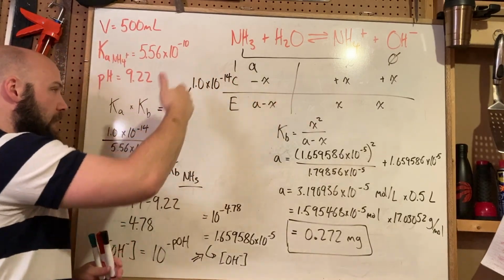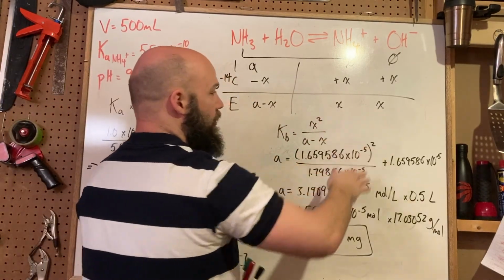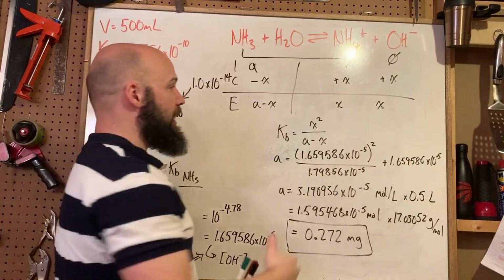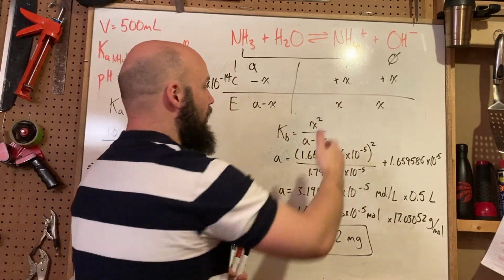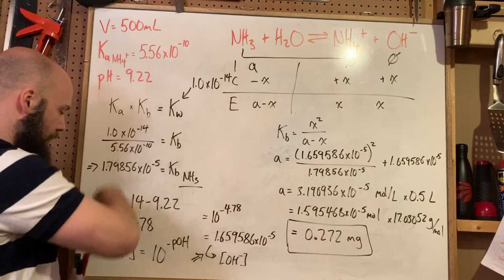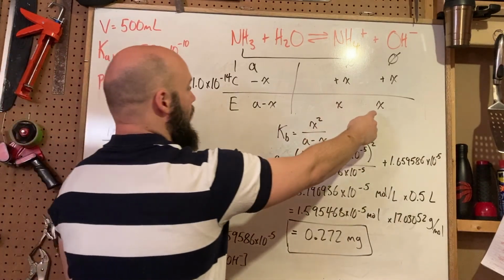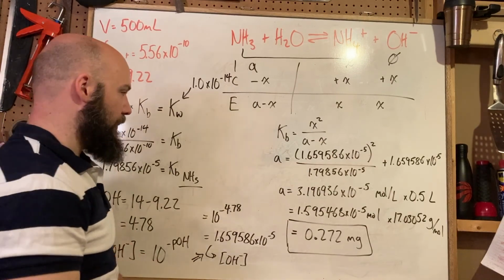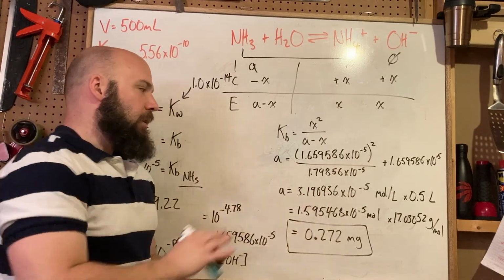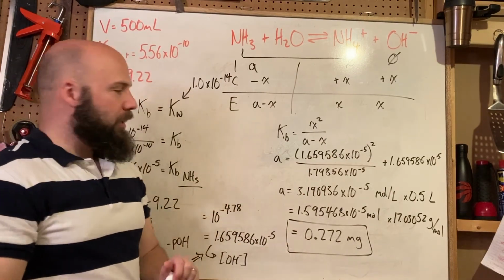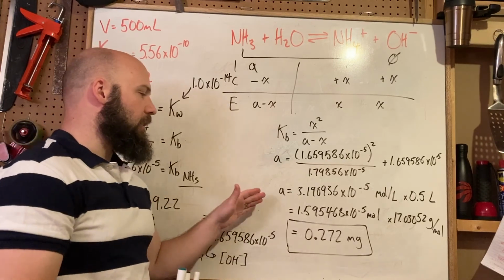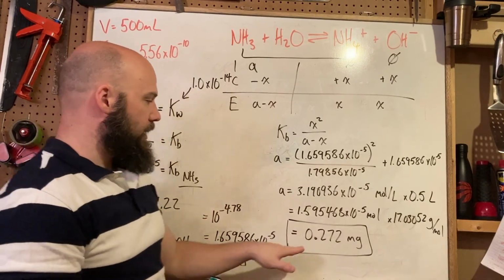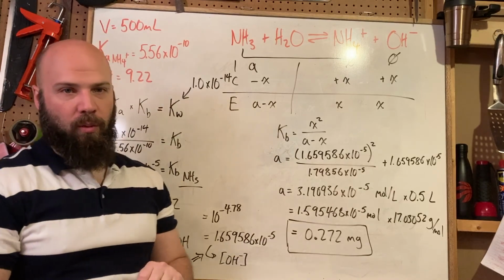Working backwards, if you're given the OH concentration or the H3O concentration for an acid dissociation, you can find that from pH or pOH, plug it into your ICE chart, and work backwards to find the initial concentration. And then we just did some grade 11 unit manipulation to get from concentration to mass, and 0.272 milligrams was our final answer.